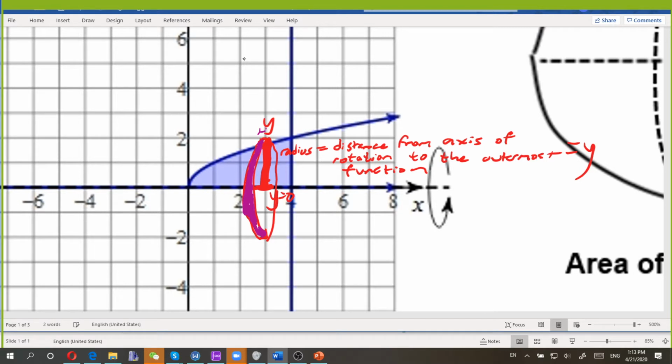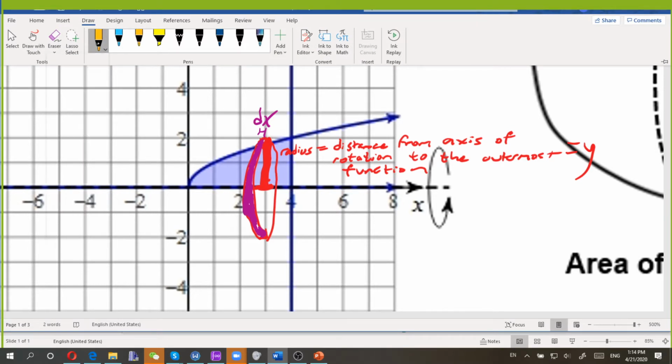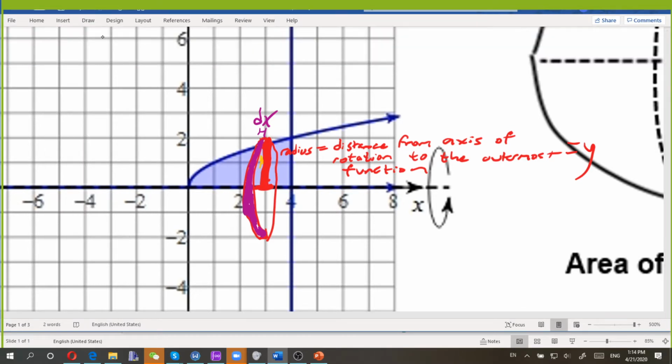So from here to here is dx. Okay, and then on the inside here in yellow is our two-dimensional cross-section, with our radius shown in red.